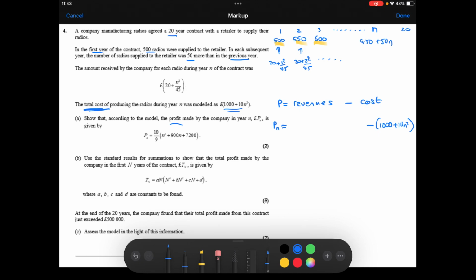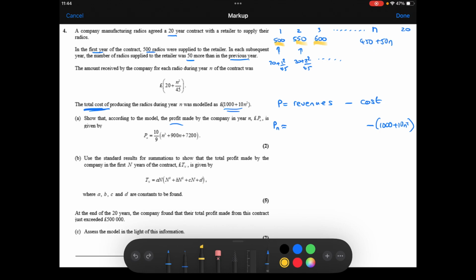Quick check of that. If n is 1, 450 plus 50 is 500. If n is 2, 50 times 2 plus 450 is 550. If n is 3, 50 times 3 is 150, plus 450 is 600.